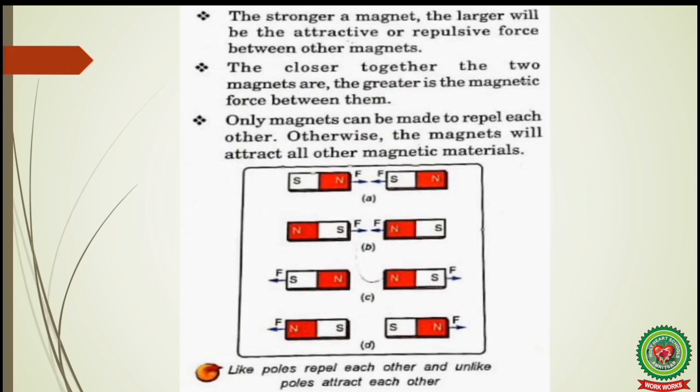It means if two magnets are close to each other, then there is more magnetic force between them as compared to when they are far apart from each other. Only magnets can be made to repel each other. Otherwise, magnets will attract all other magnetic materials, which means that repulsion is the surest test for magnetism.